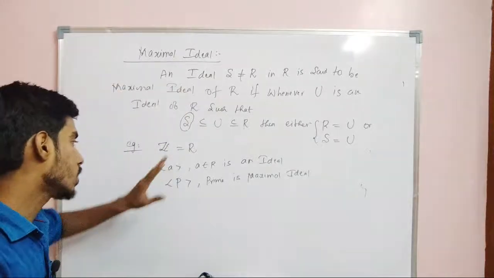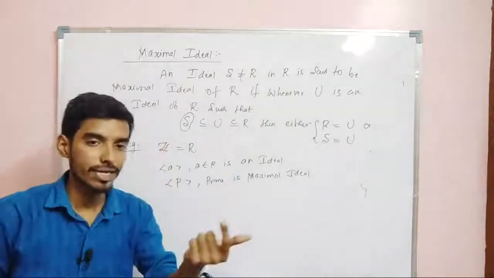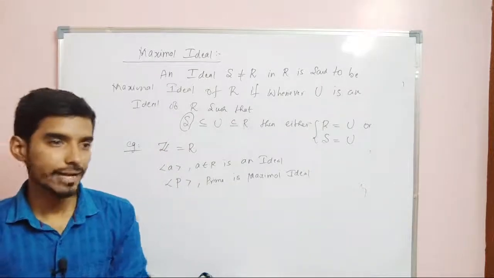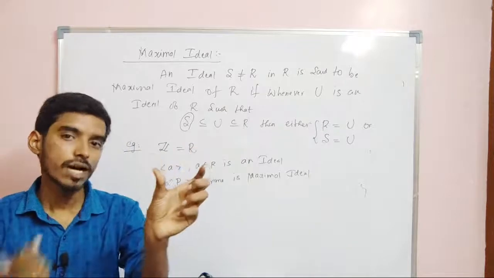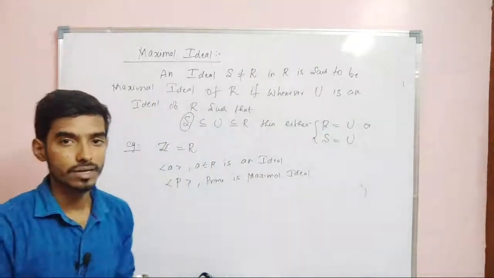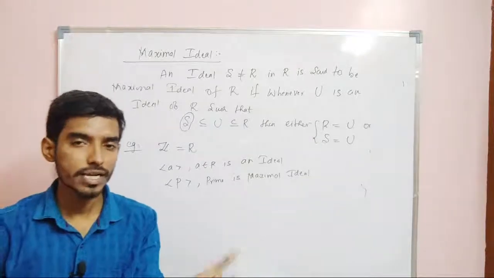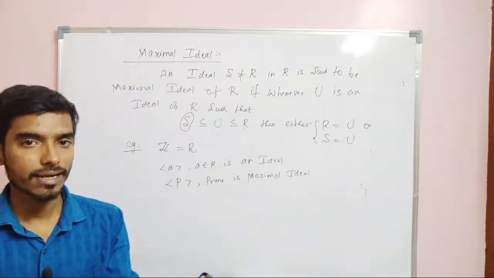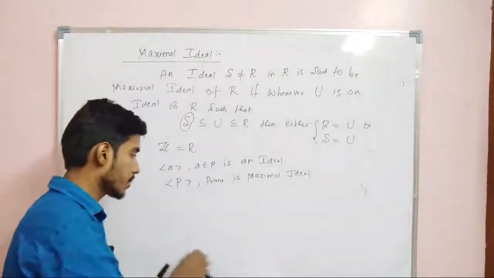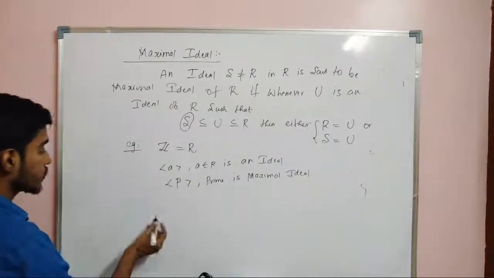So an ideal will be a maximal ideal if it is not properly containing some other ideal other than the entire ring. The entire ring surely contains that ideal. If there is no proper ideal that it is containing, we will rephrase this in descriptive form.